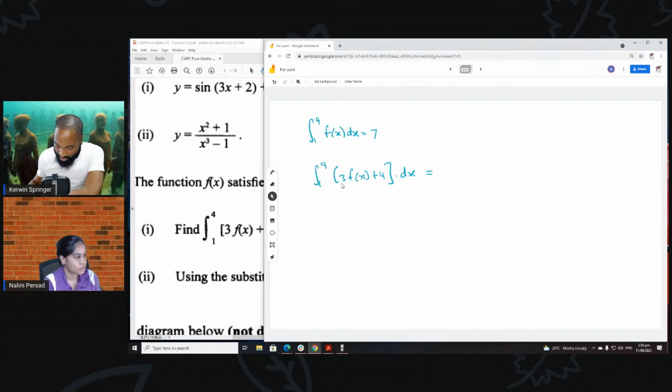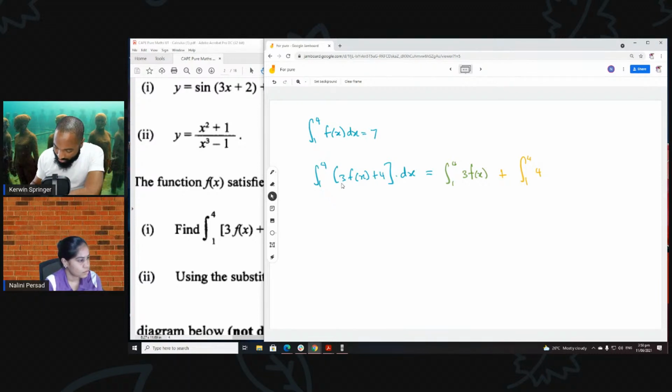We could separate this one, 4, 3 f of x, and then have a next one with just the 4. Both of these are with respect to x, right?